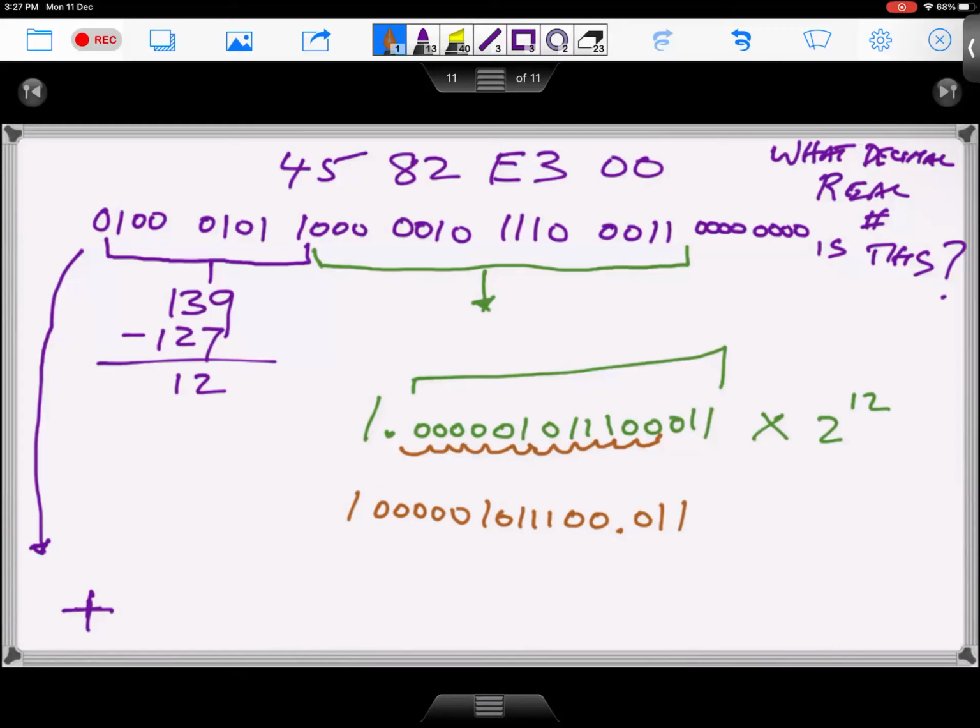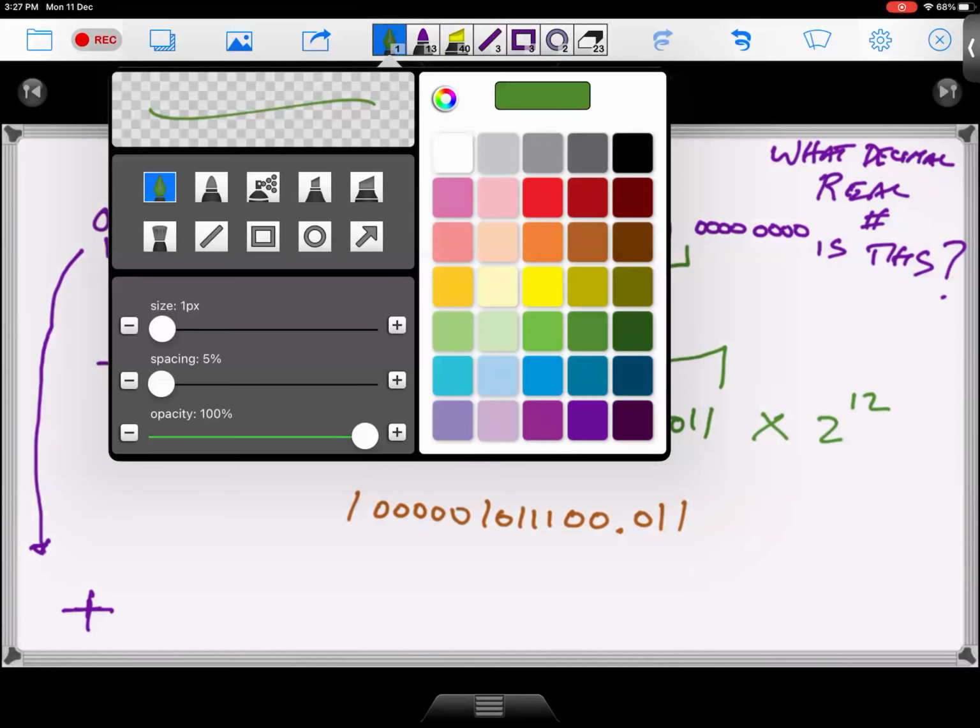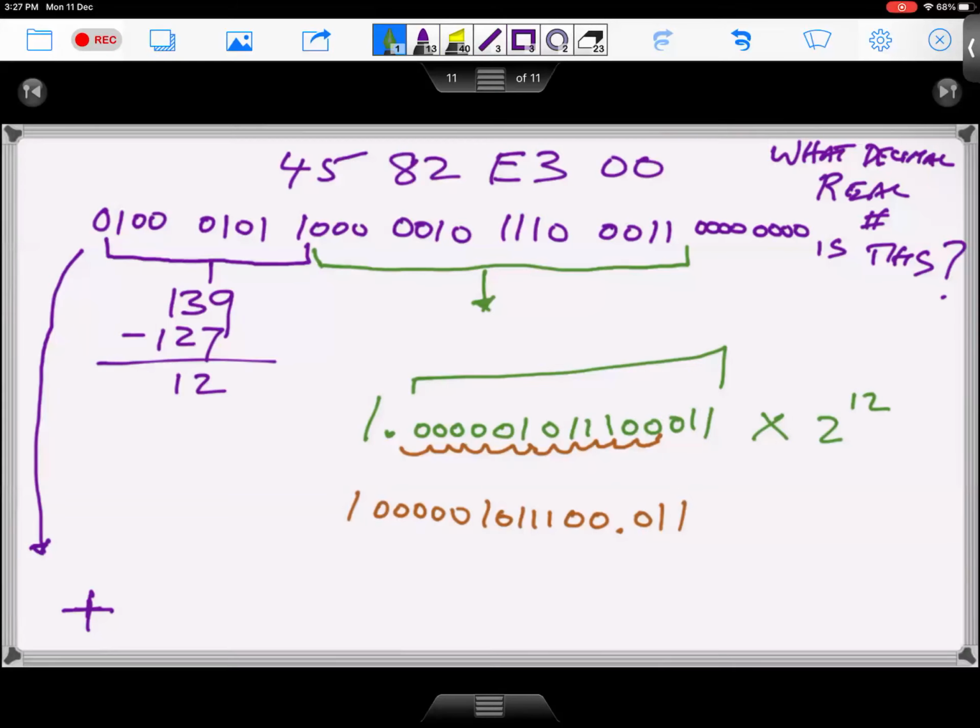The last step now is to turn that into a number. Right? Turn that into a number, people. So you don't have a 0.5, but you have a 0.25 and a 0.125. That's what you have.